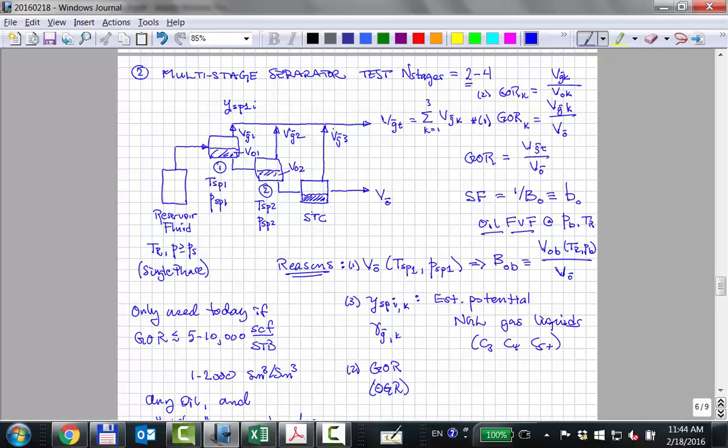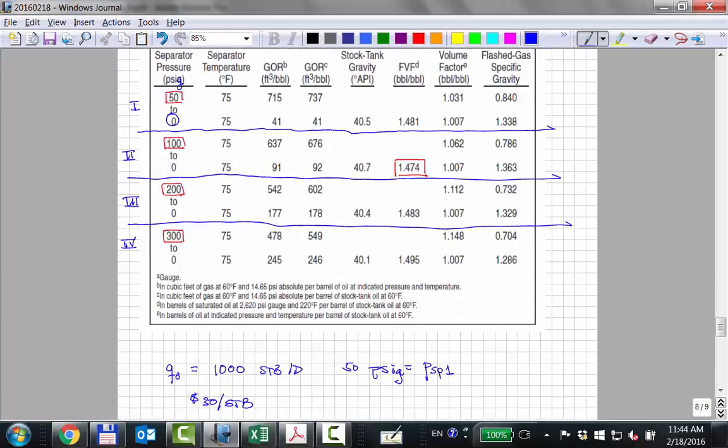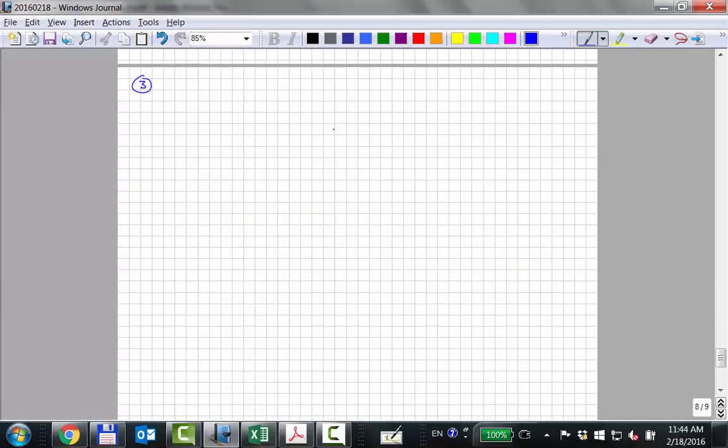So this next experiment, in our list of 4, we call it the differential liberation experiment. I call it DLE, but it's just deal. This is conducted only for oils.